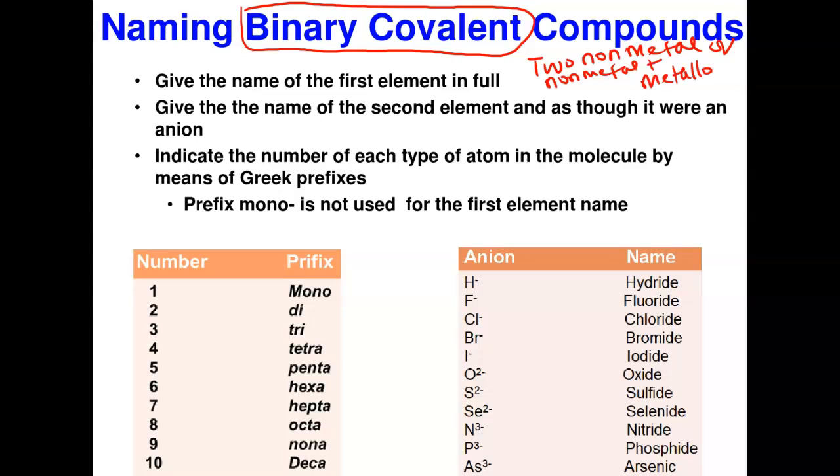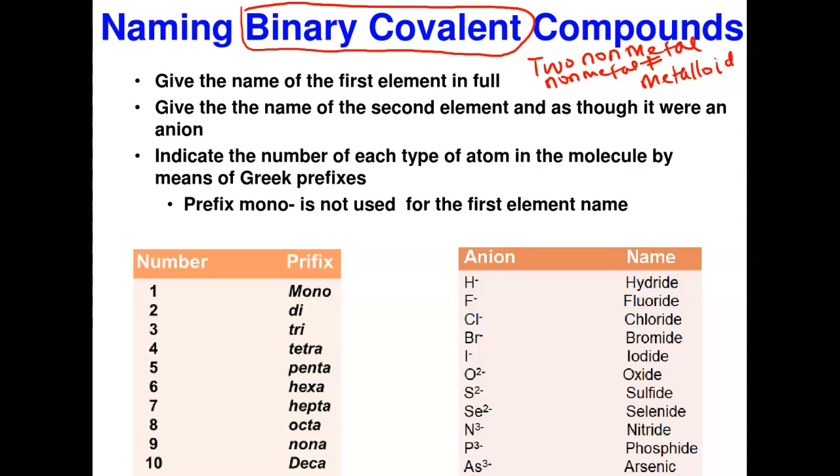Remember, metalloids are those that share characteristics of both metals and non-metals. So it could be either between 2 non-metals, or a non-metal plus a metalloid involved in this kind of reaction. In a binary covalent compound, it has to be 2 elements, or 2 atoms.